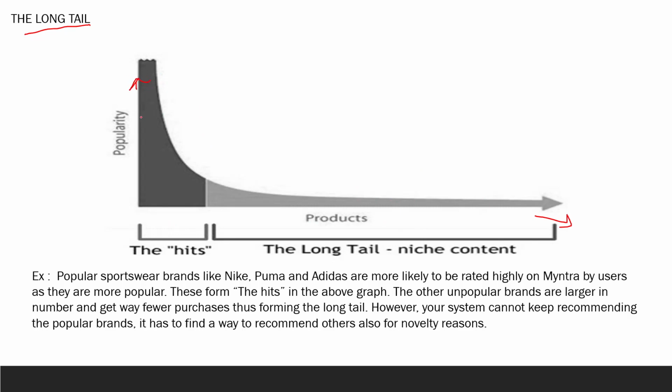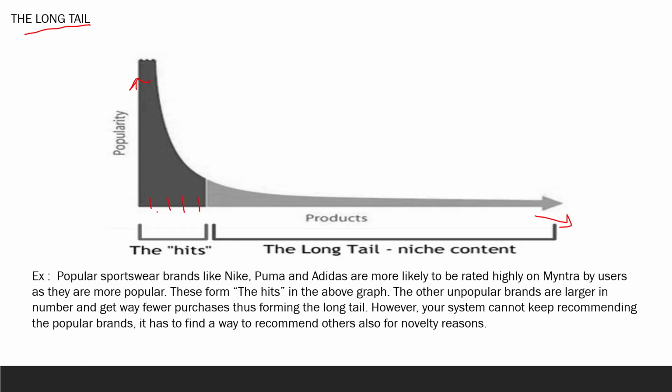So now the popularity is being measured on the y-axis and your x-axis is measuring the products, like what are the various products. So suppose, let's take the example of shoes, right? So here, let's keep Nike over here, Adidas over here, Puma over here, and maybe Reebok or something.